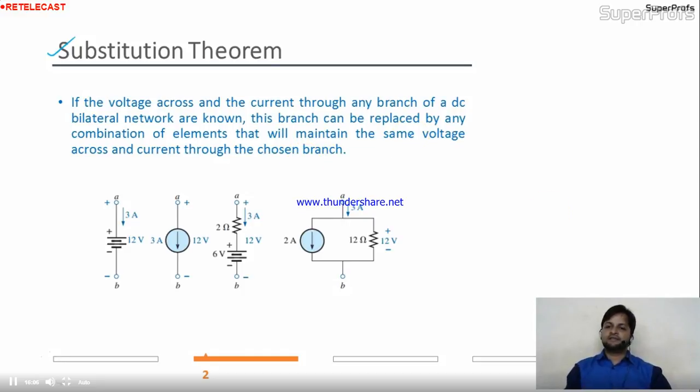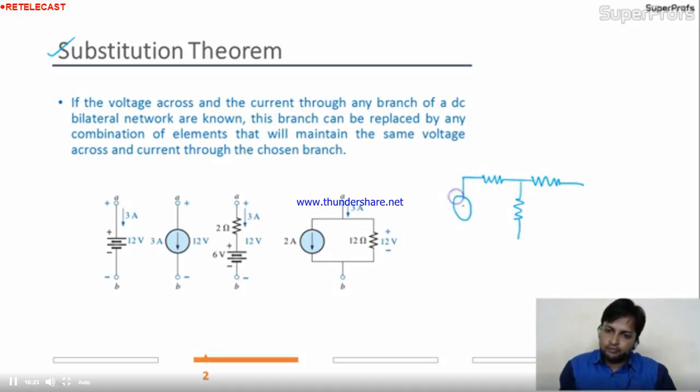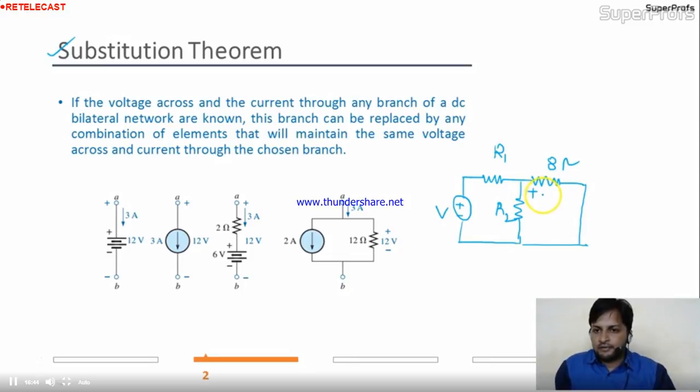What is the substitution theorem? The theorem says, if we are having a circuit like this, this is R1, R2, here the value is given in ohm, and across this the voltage source is known, and that is 5 volt.